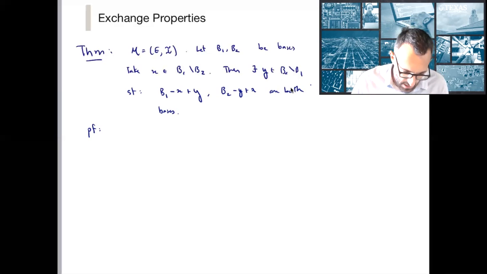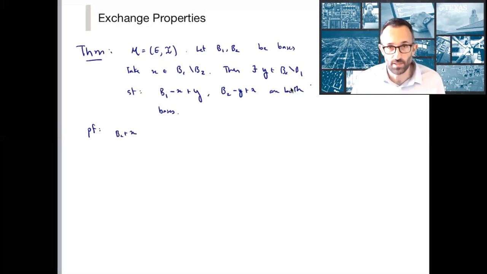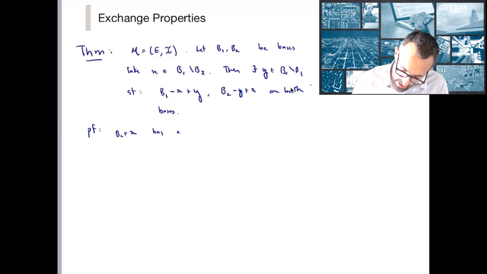Okay, so let's think about this. We've taken x in B1 that's not in B2, and we've formed B2 plus x. Well, B2 is a base, so no matter what we add to it, it's now no longer going to be an independent set. And in particular, because B2 is a base, we know that this must have a unique circuit.